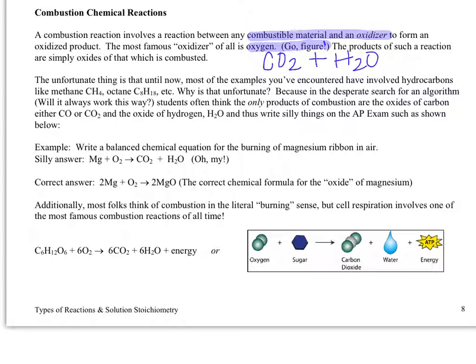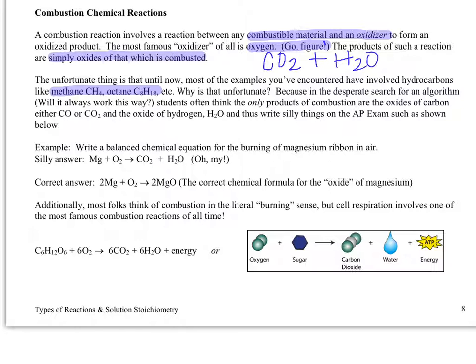Now, when you burn something like these fuels, and that's what we looked at, these hydrocarbons in Chem 1, you have fuels like methane, CH4, and octane, C8H18. All of these fuels are hydrocarbons. So when they are combusted, these are the products. The products of a combustion reaction are simply the oxides of that which is combusted.